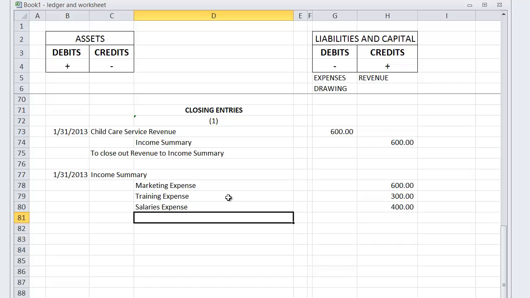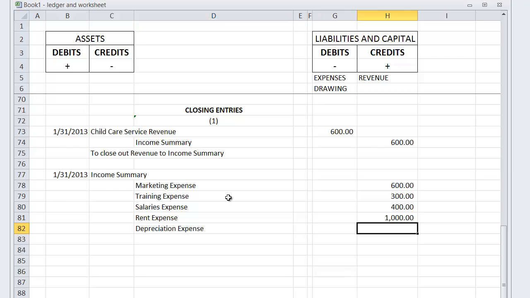Then we have rent expense. That rent expense had a debit of $1,000, so we're going to credit $1,000 in this end here to close that account out. Then we have depreciation expense, and depreciation expense had $50, so we're going to put $50 here to close out that account.